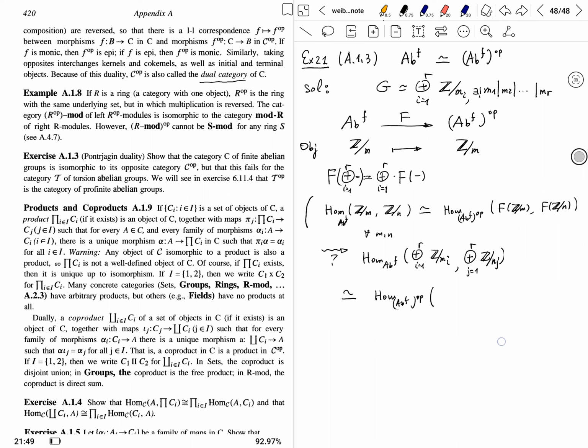This F is just F of the direct sum of F. Okay, this is still okay. It's because this is a finite direct sum, and so this is the same as product, the same as coproduct, because this is in the category of modules.